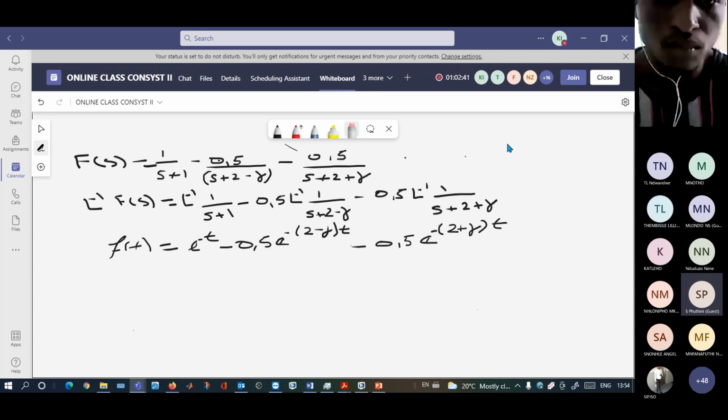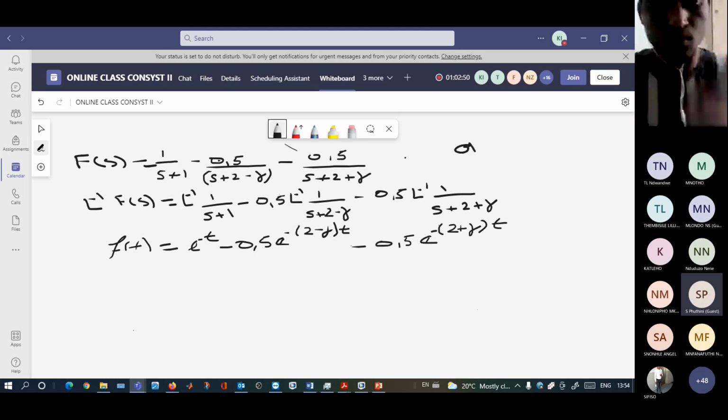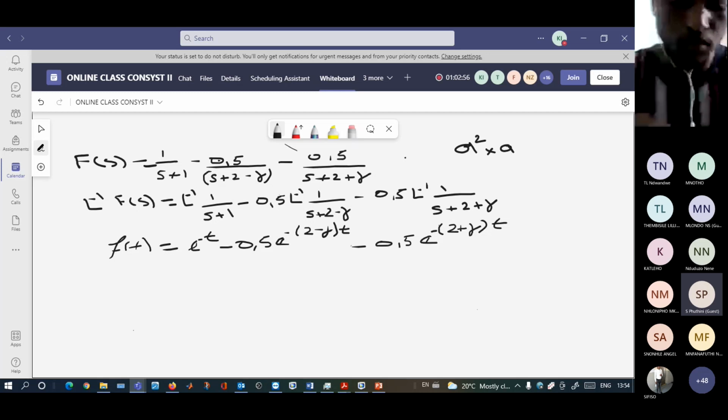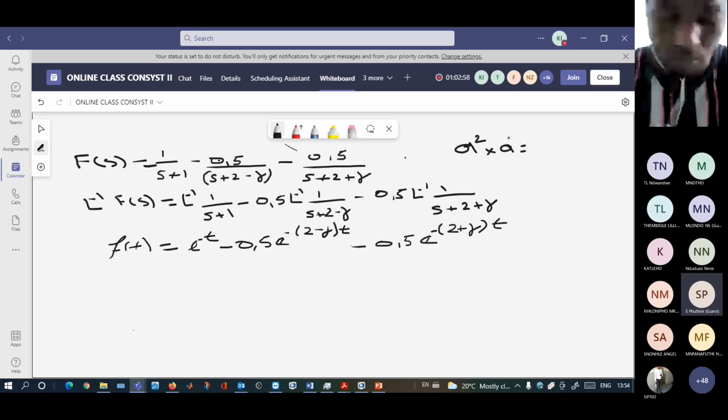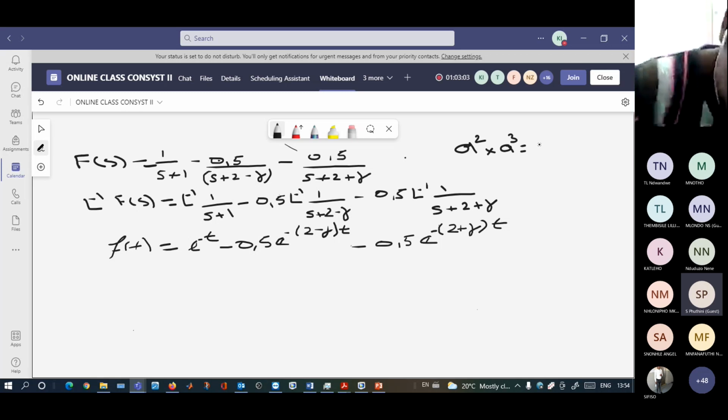You remember in math they taught that when we have a exponential 2 times a exponential 3, this can be equal to what? A exponent 5, a 2 plus 3. You remember? Yes, okay.